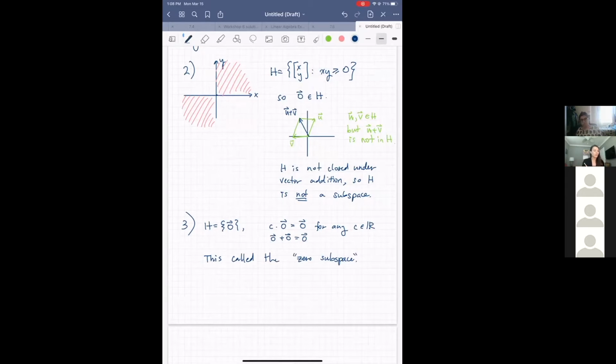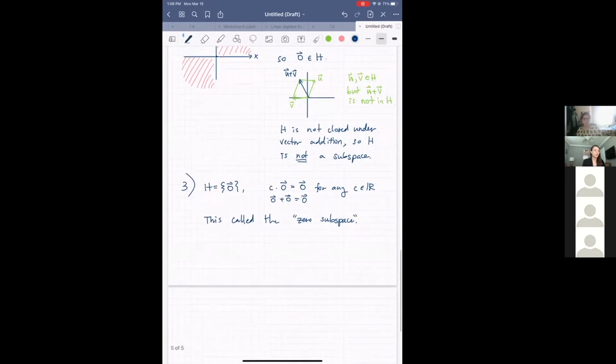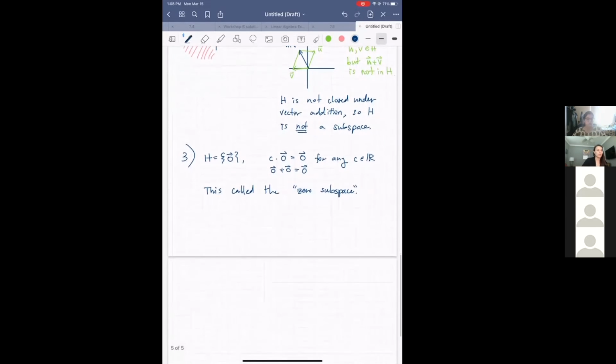Okay. Let's do, I think, one more example. This is just for visualization. We already said that any span is a subspace, so we don't need to verify that this is a subspace.